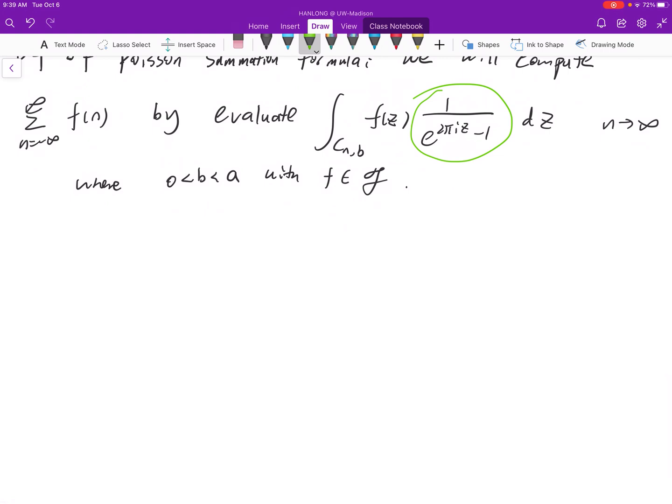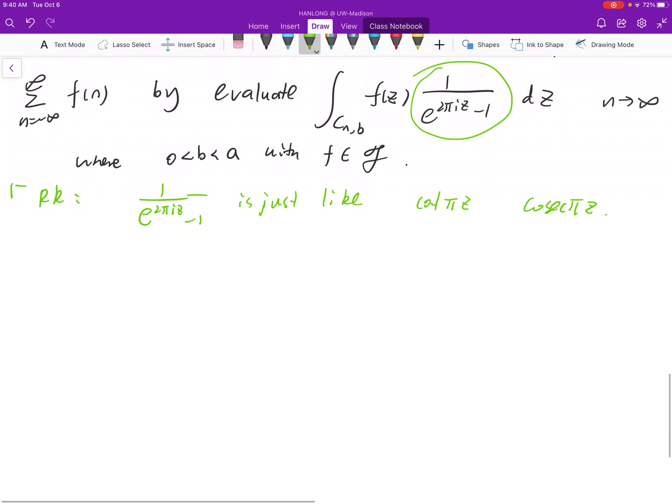Okay, so the remark is 1 over exponential 2 pi i z minus 1. It's just like cotangent pi z or cosecant pi z.